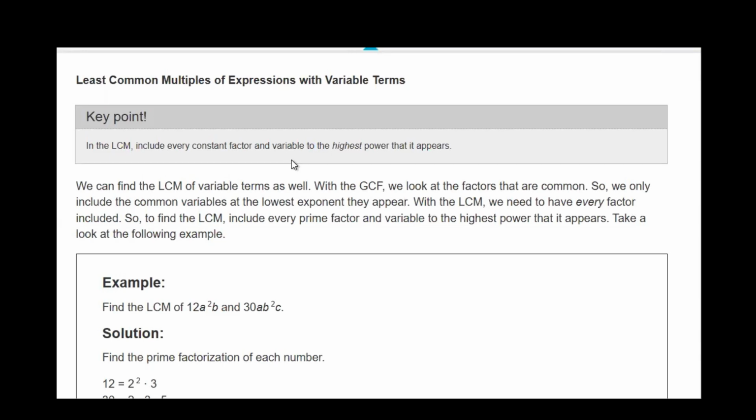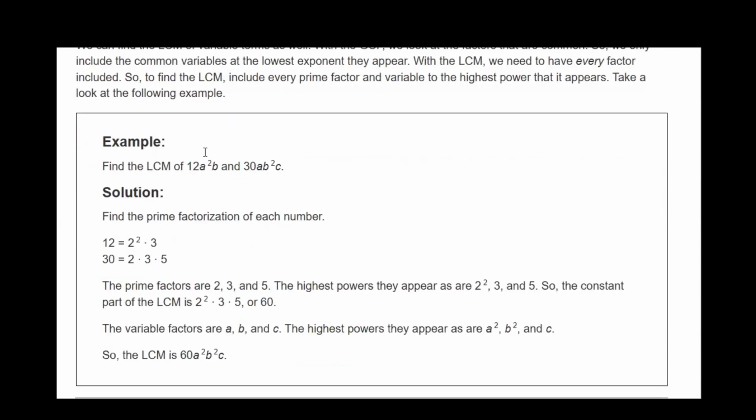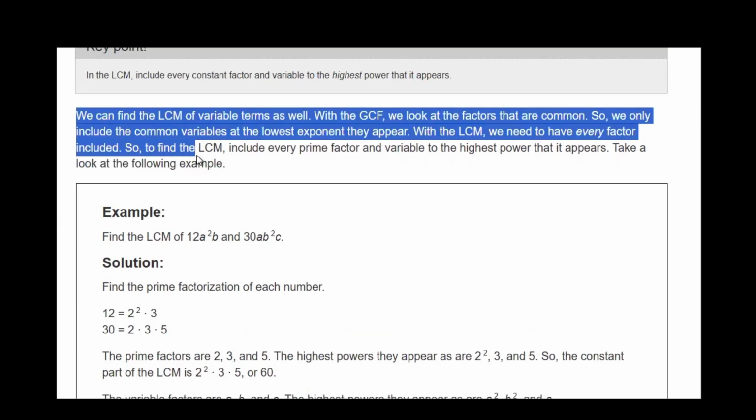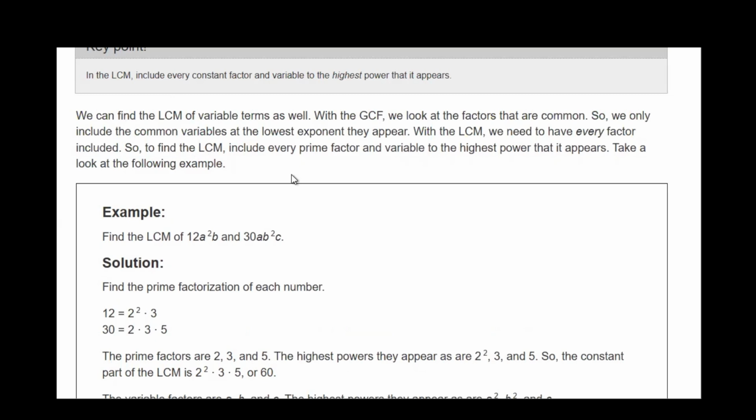Least common multiple of expressions with variable terms. We will use the same rules. We can find the lowest common multiple of variable terms as well.